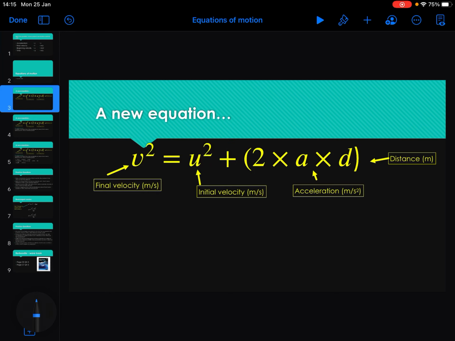So here we go. So our equation, I told you it looked a bit intimidating. V squared, so final velocity squared, equals U squared plus 2 times A times D. Now here, U is what we call initial velocity, which I also called beginning speed.